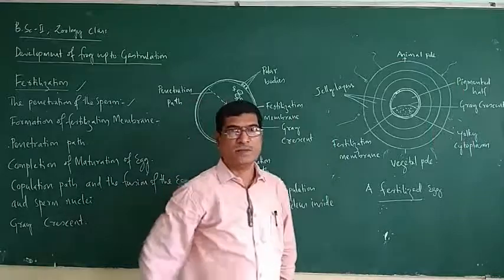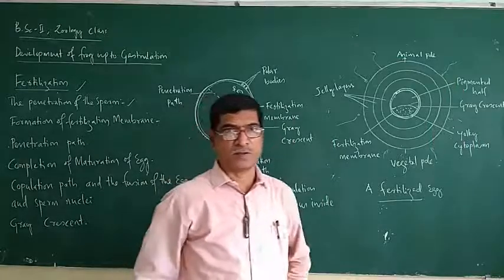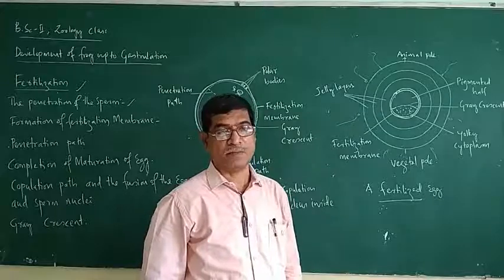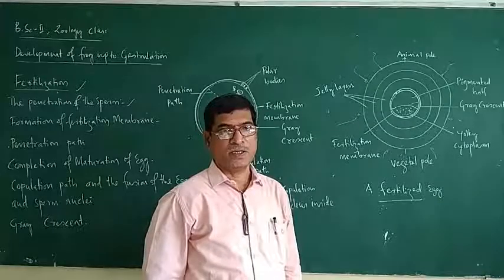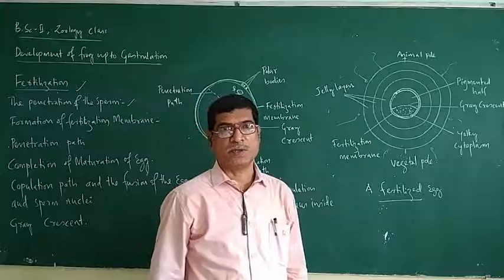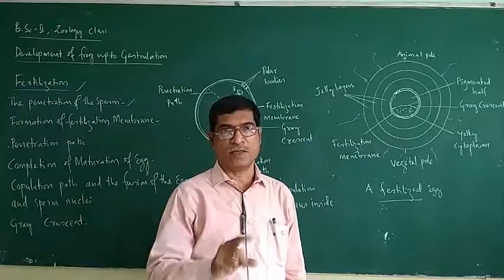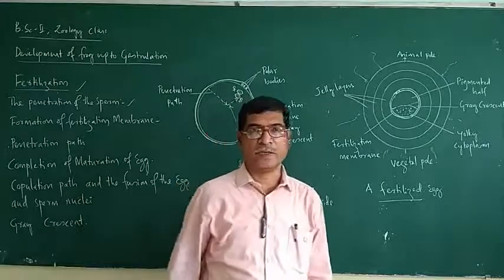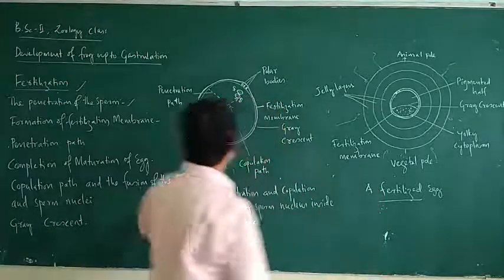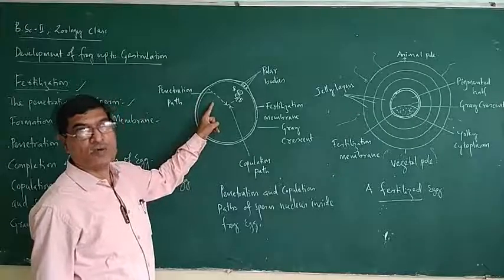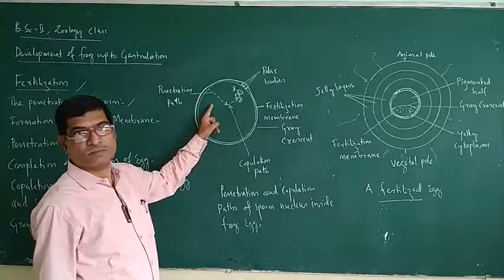They pierce through the jelly membranes or jelly coat. There are 3 jelly membranes. Okay? Out of the several sperms that have entered the jelly membrane, only one will penetrate into the ovum proper.